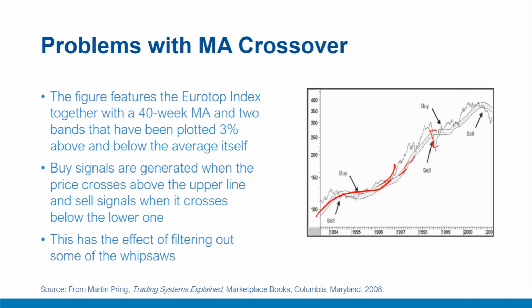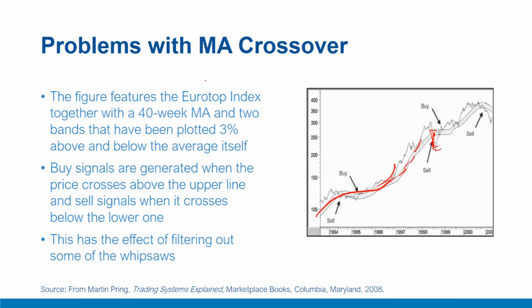Now, given the amplitude of this band, many of the whipsaw signals are eliminated. Not very significant moves are eliminated because of this band itself. Only those moves where the band itself is violated, the lower side of the band for a sell signal and the upper side of the band for a buy signal, are considered useful.